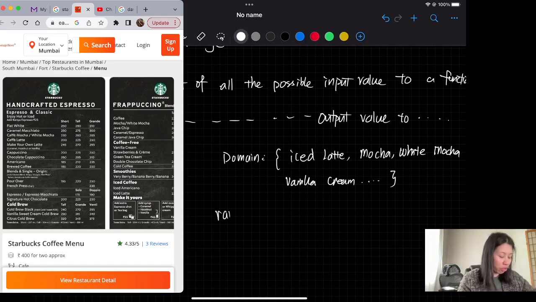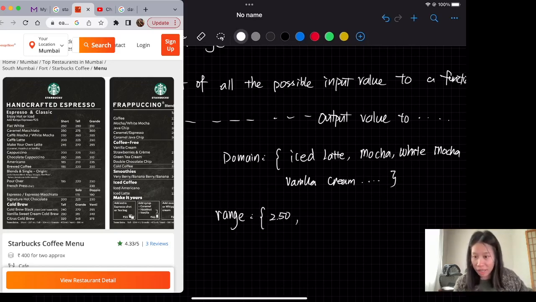So the range is the output. What do we have as output? Some drinks they sell for $2.50. Some drinks they sell for $2.80. Some drinks they sell for $2.13. It depends on what you order, and so on. Something is as expensive as $3.75.